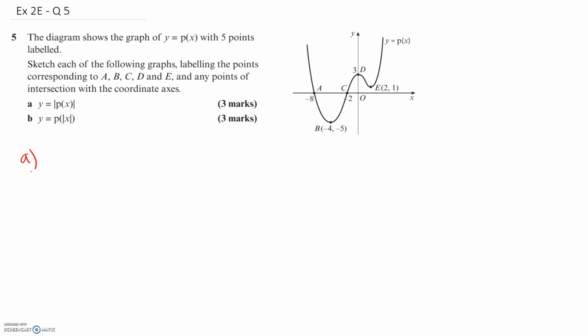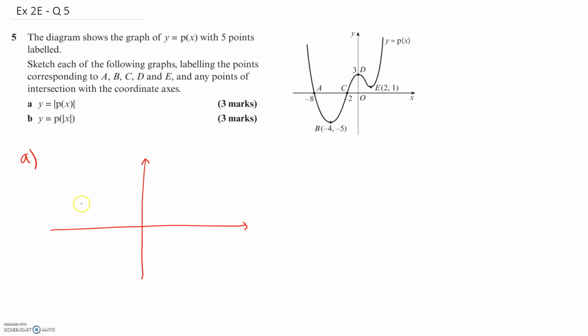So we'll start with looking at mod of p of x, and how to sketch mod of p of x. Simple rule is anything that sits below the x-axis you're going to flip up and reflect in the x-axis. So if I wanted to, I could start with anything that is already above the x-axis and sketch that in.